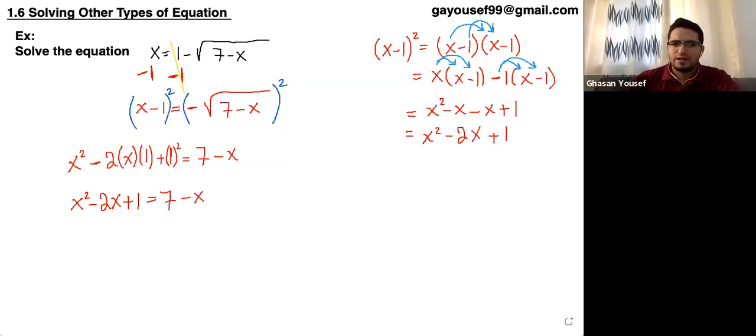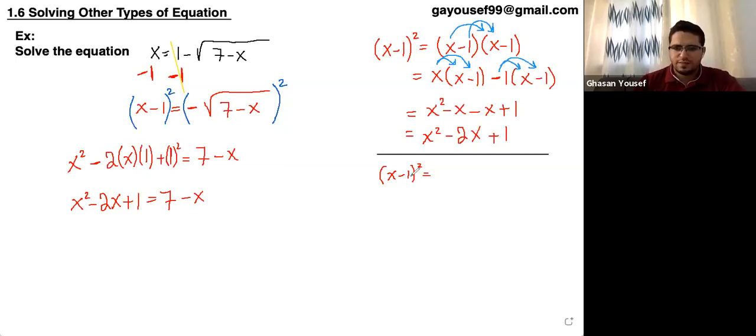Or we can solve it by the formula, faster than this. I can say here (x minus 1) squared.